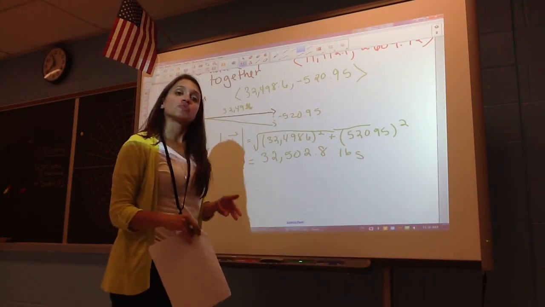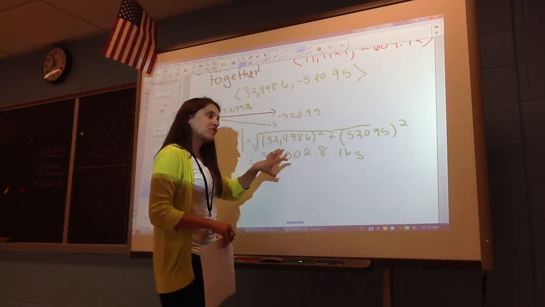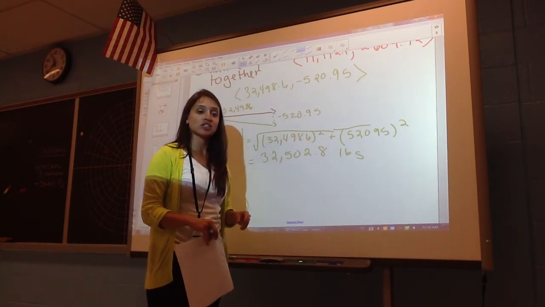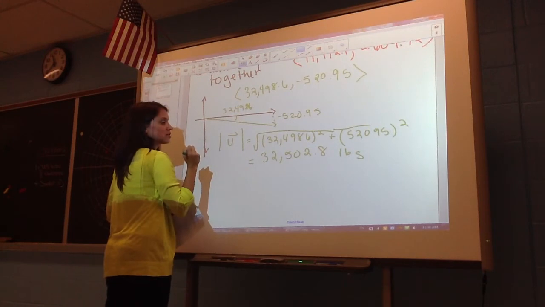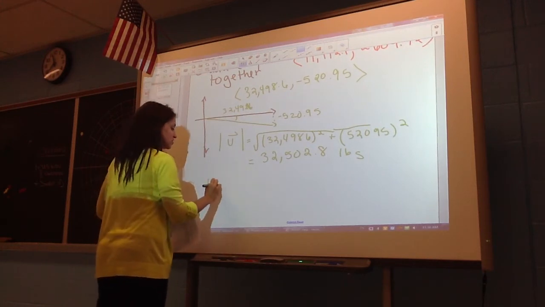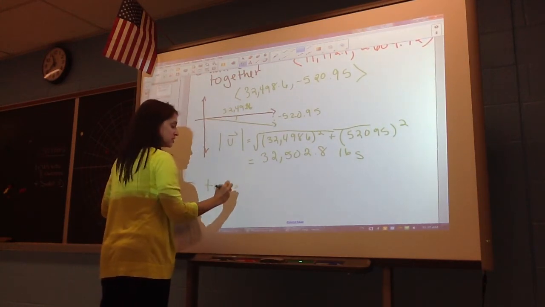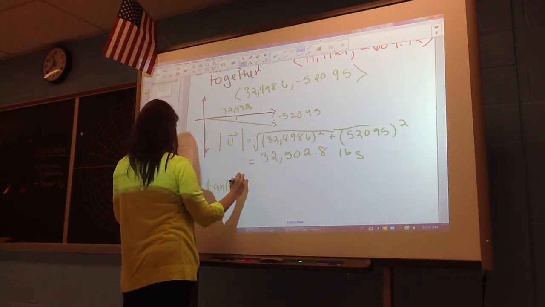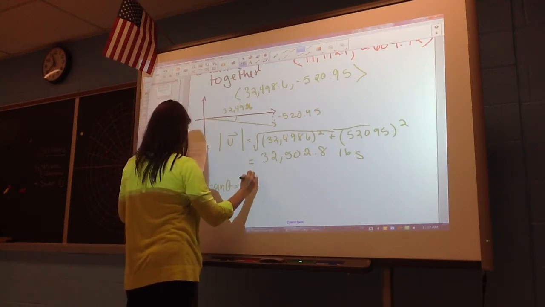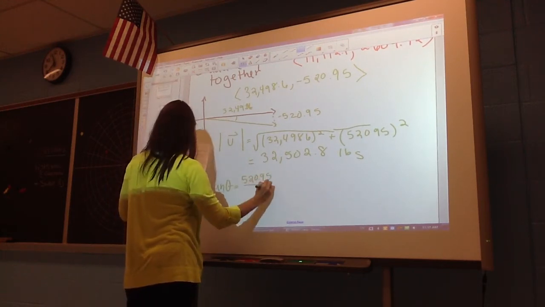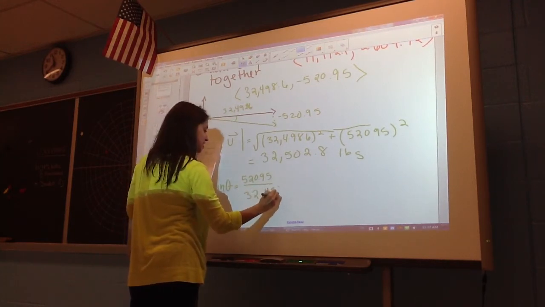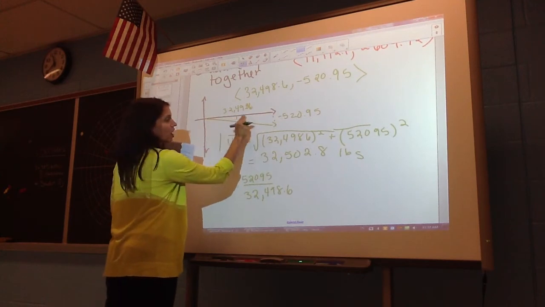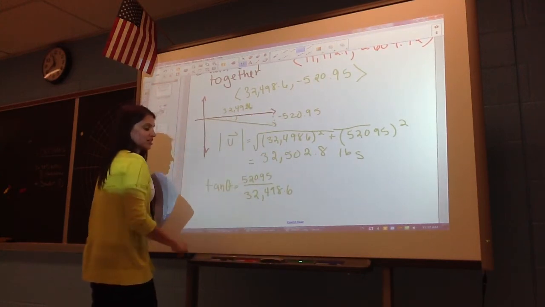But if we're looking for a resultant vector, I need the force in pounds and I need the direction that it's going. So I can find my direction angle in here by using tangent of theta equals 520.95 over 32,498.6. This angle opposite over adjacent, that's how you get tangent.